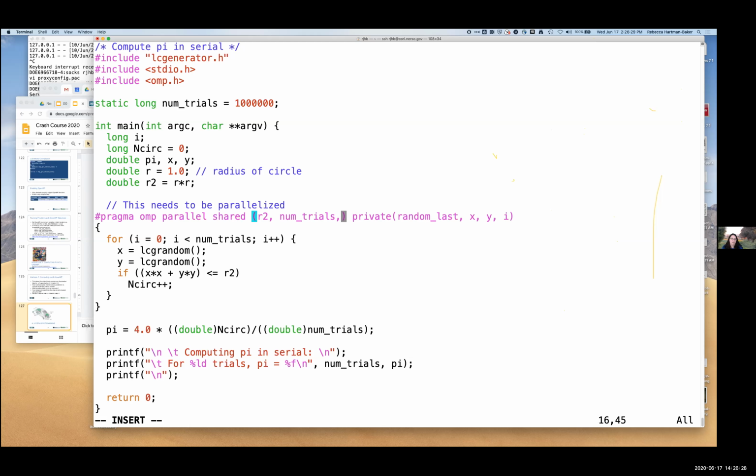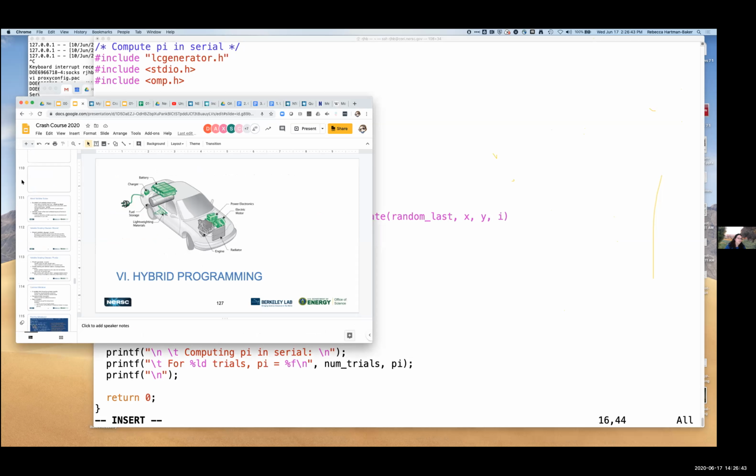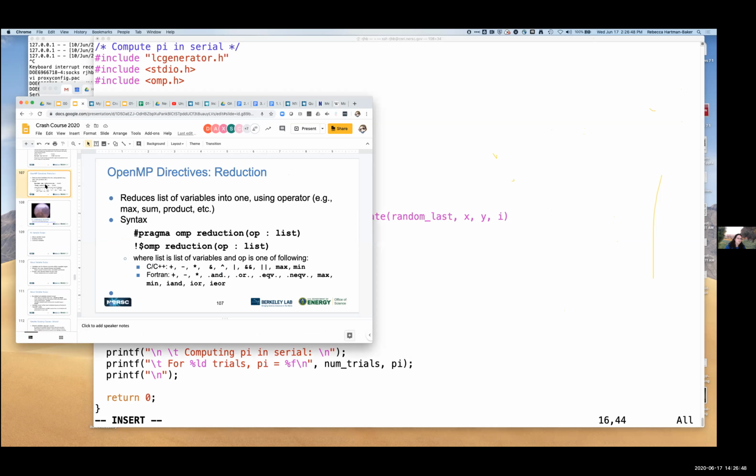And it needs to be a shared variable, I think, in order to do the reduction. Okay, you know what? I'm going to look at my reduction because I never get these right. Y'all, I may have to cheat because I don't remember how I did this before.